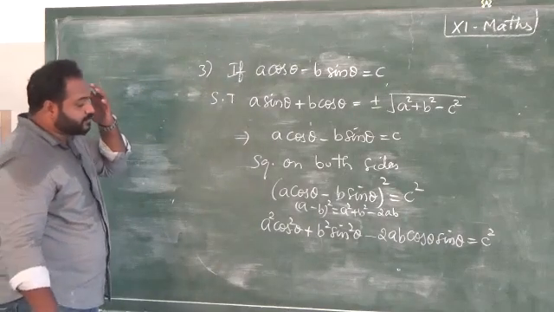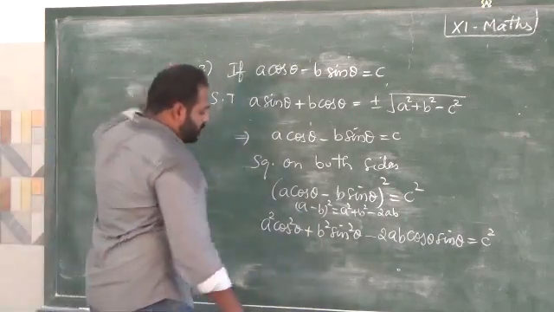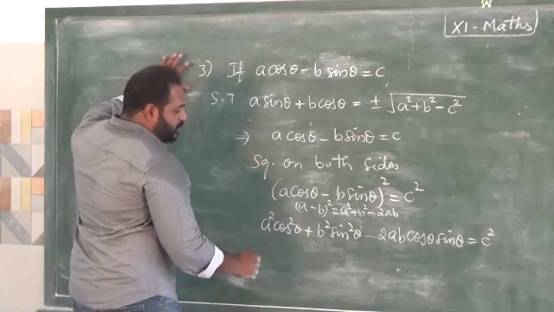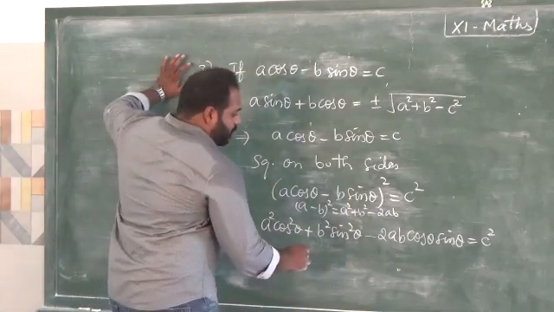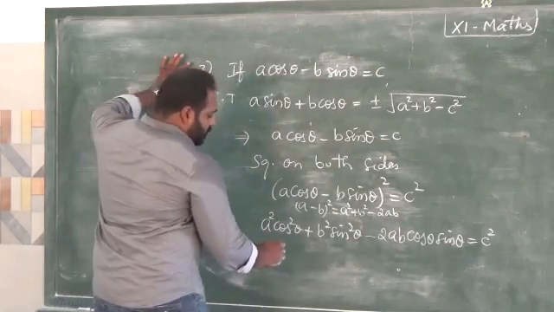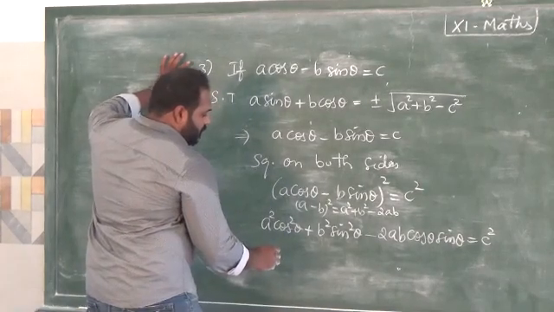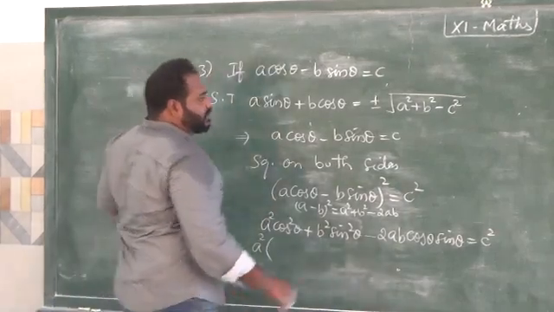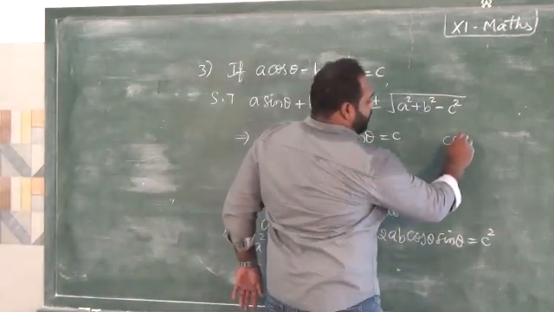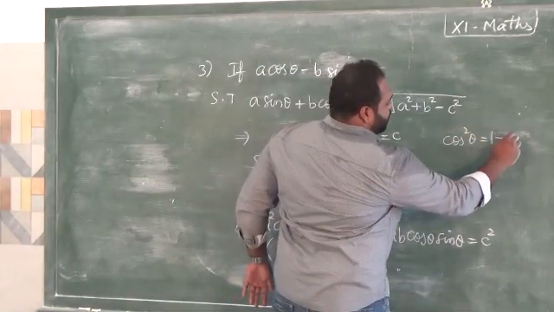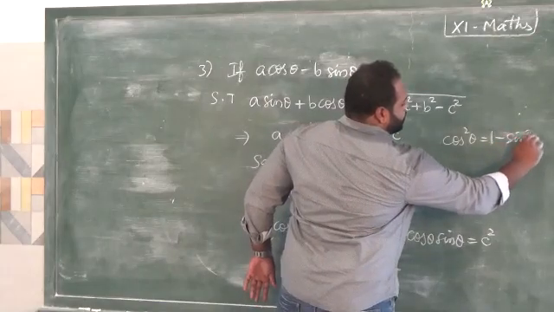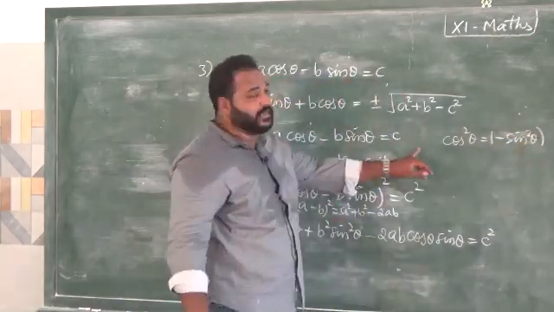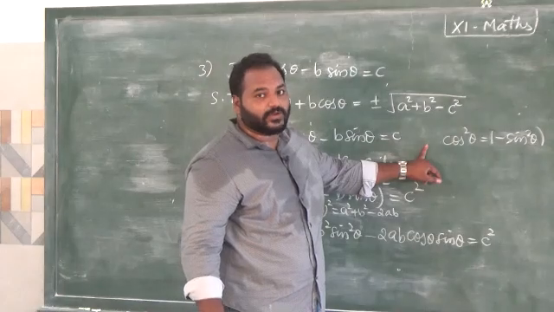So now here, A square cos square, I told you already, I have given the identity, cos square can be written as 1 minus sin square. This we have derived from the cos square theta plus sin square theta equal to 1 formula.